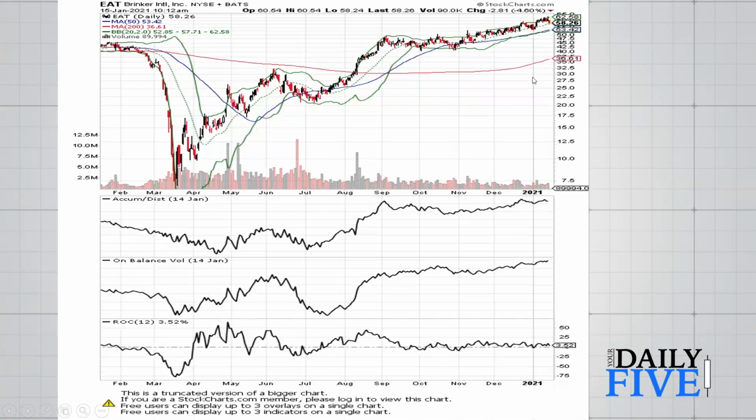But here's where something is really working. This is Brinker International, the company that owns Chili's. And in fact, they just started a new venture called Just Wings, in which you call in and you get your wings delivered by DoorDash. It's kind of a joint venture of sorts. But what they've done is they have really juiced up their takeout.